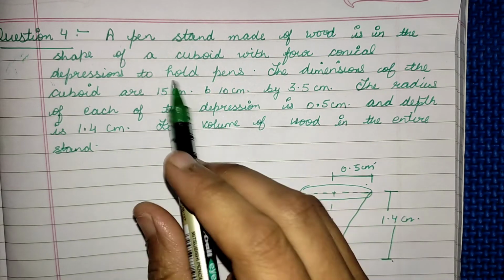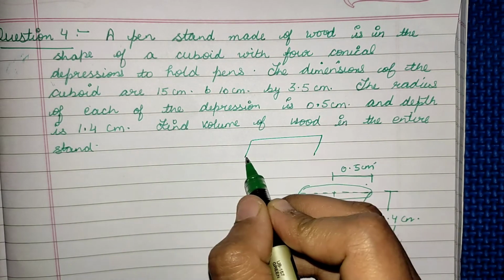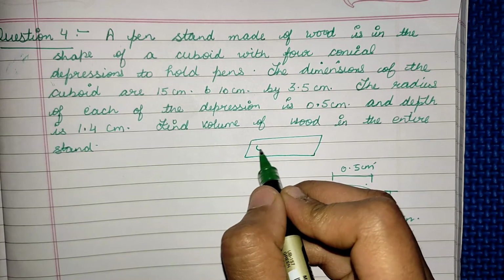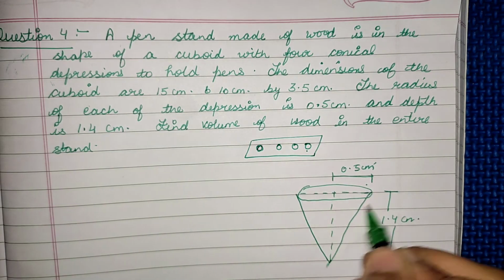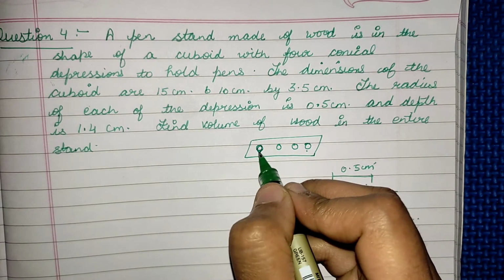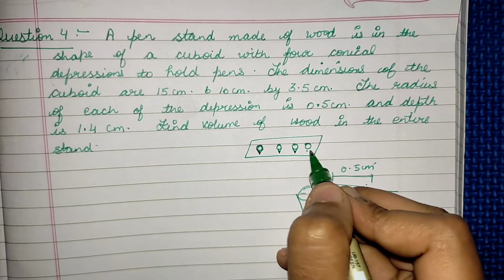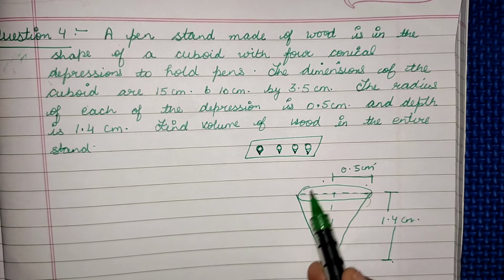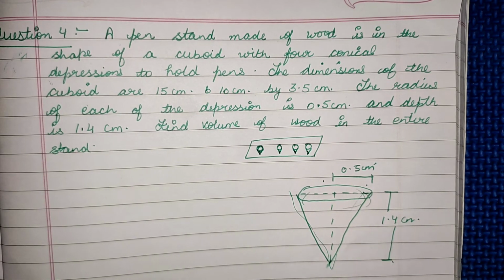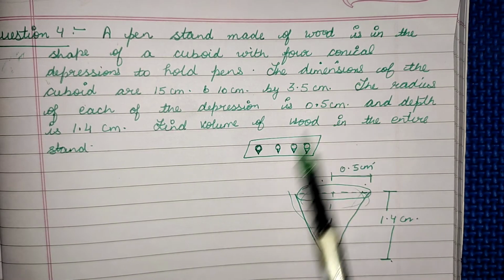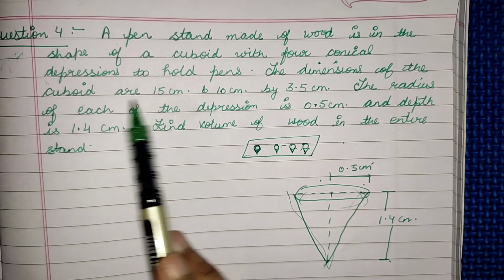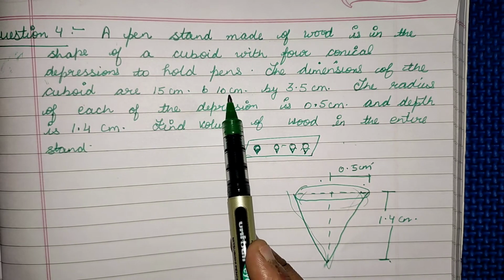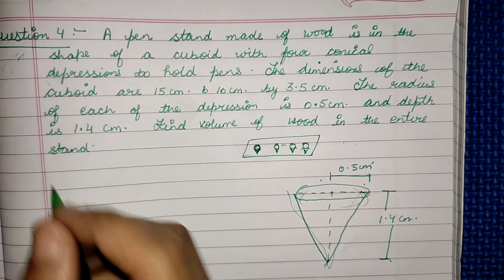So there is a wood which is in the shape of a cuboid, and there are 4 holes. The holes are in the shape of the cone which we have drawn, right? What are they doing? They are holding some pens. The dimensions of the cuboid are 15 centimeter by 10 centimeter by 3.5 centimeter.